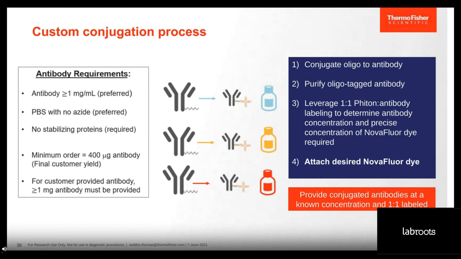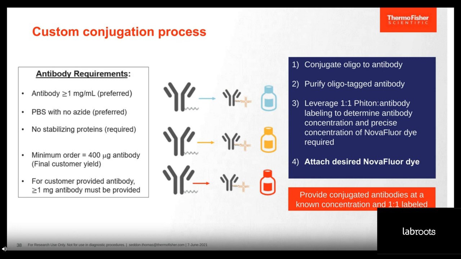And so with this custom process, what we do is actually remove any unlabeled antibody, and therefore you actually get this one-to-one labeling. And so you can attach the NovaFluor dye and not have any excess of that around, or unlabeled antibody that will compete with the other parts.